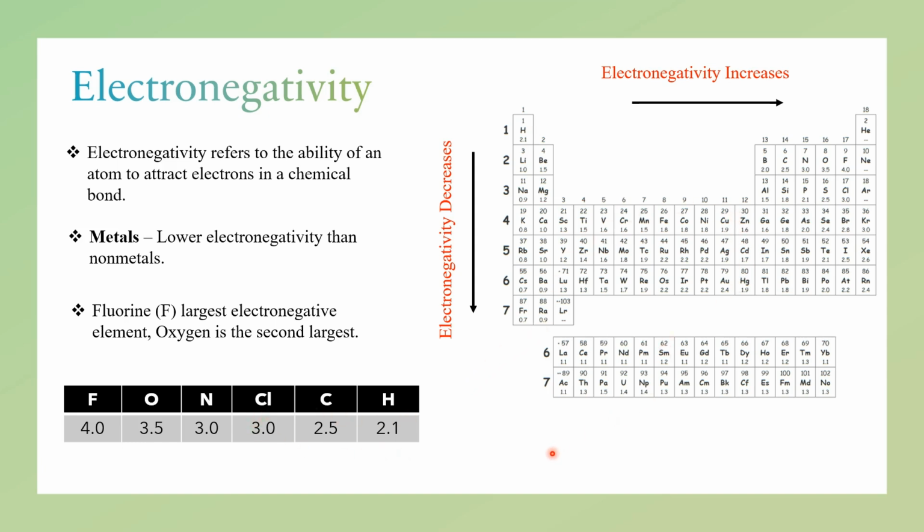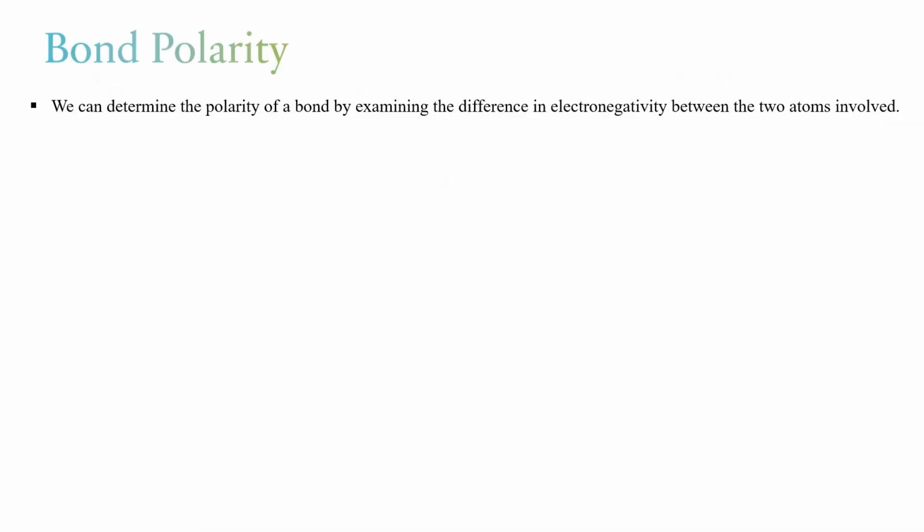To determine the bond polarity. Let's find out how we can determine bond polarity using electronegativity values. We can determine the polarity of the bond by examining the difference in electronegativity between two atoms.